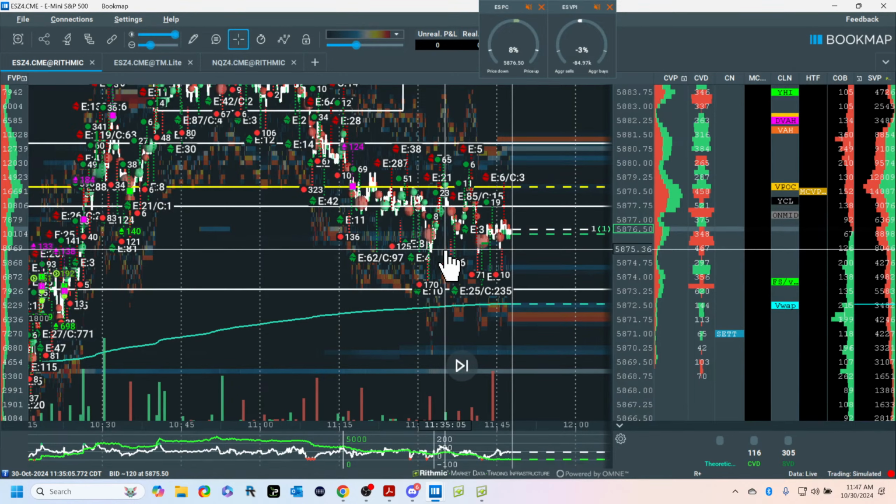Dan is asking, do I get rid of profile levels from previous days as price reaches them? How long do they stay? Well, let's just say the previous RTH is the last auction, the last behavior we have of the participants. Then we get the ETH.